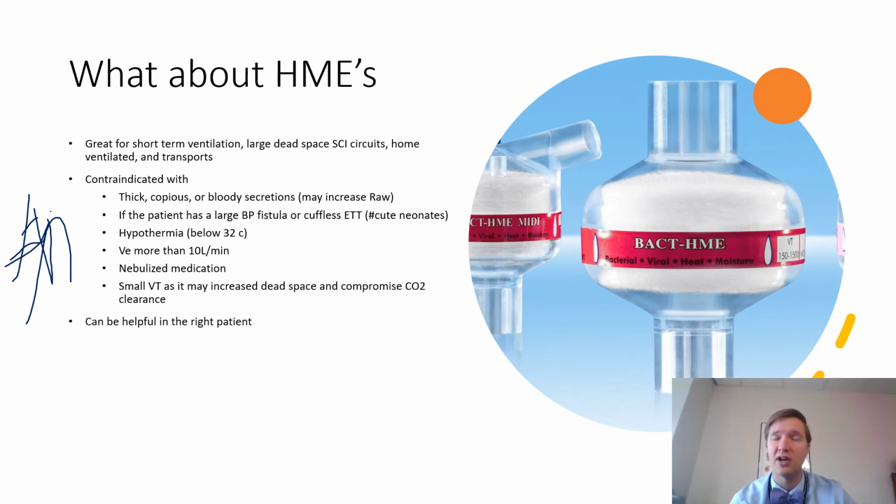If the patient has a large bronchopleural fistula or cuffless ET tubes, like what you see with the little babies, the neonates, the HMEs aren't going to have the appropriate humidity for that scenario.